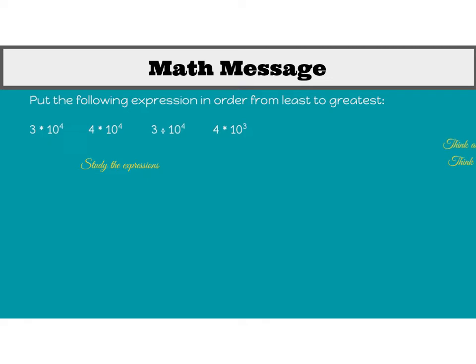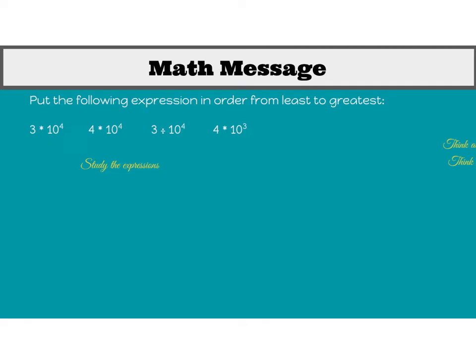So if we study the expressions first of all, you may notice that all of the expressions start with a single digit whole number, and then they also involve a power of 10. Three of the expressions involve multiplication, and only one of them involves division.